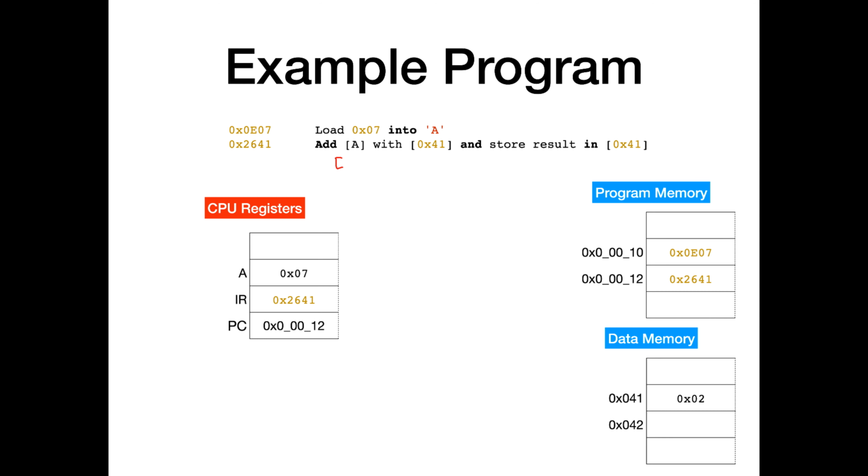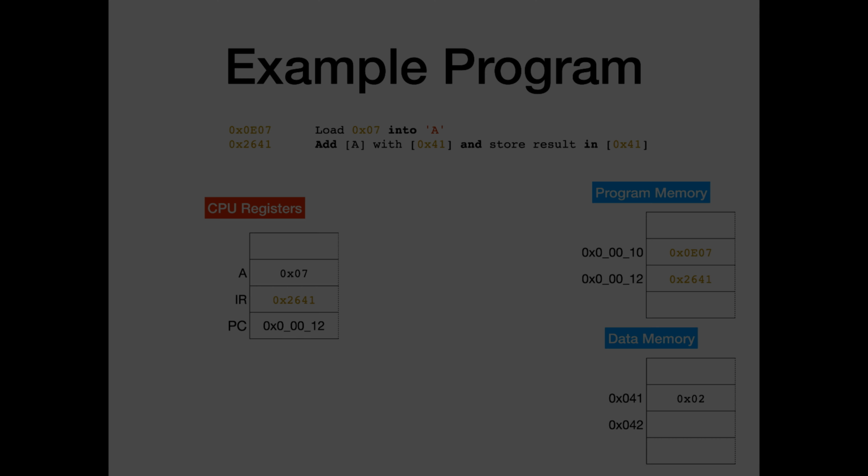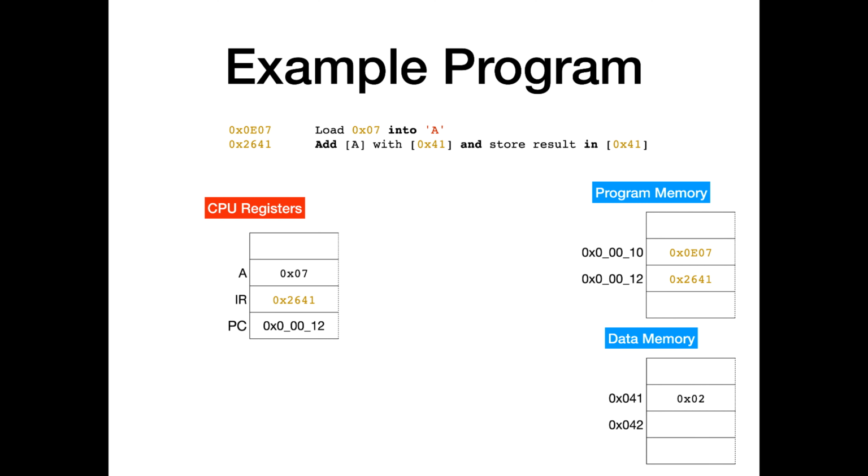It's telling me, go to A, you're going to get that value 07, and you're going to go to 0x41. This means go to the memory location referred to by address 41 and bring the value stored in that location, which is 02. Come on, I don't know why it keeps doing this. I've got to change my setup. Maybe for the next lecture I'll change my setup.